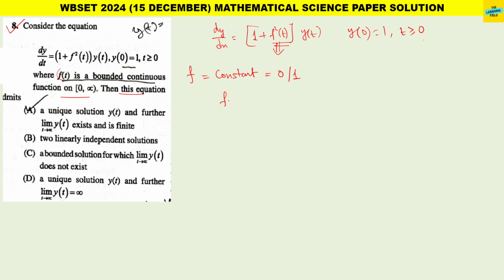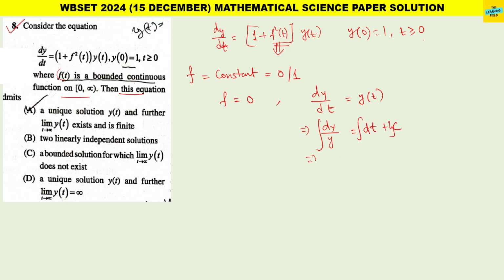If we choose the easiest form, that is 0, then dy/dt equals y(t) simply. This implies integration of dy by y equals integration of dt plus c, or we can take log c.